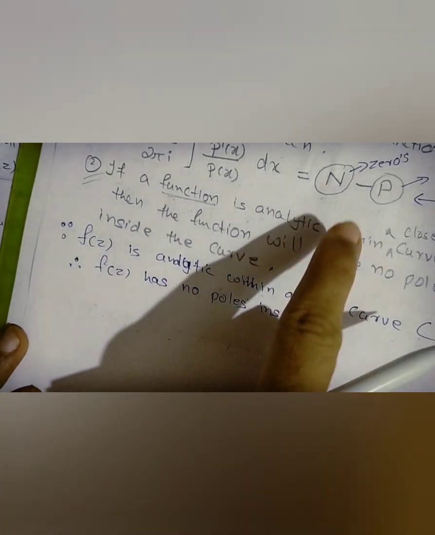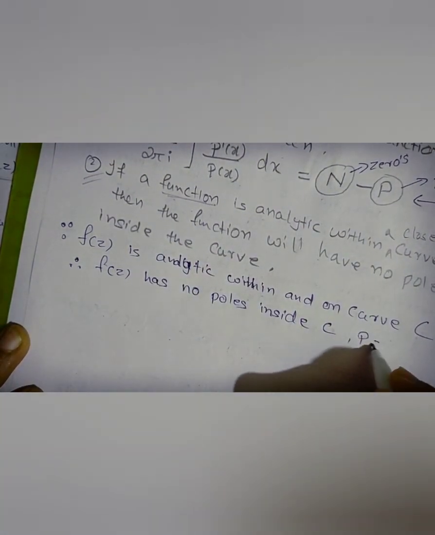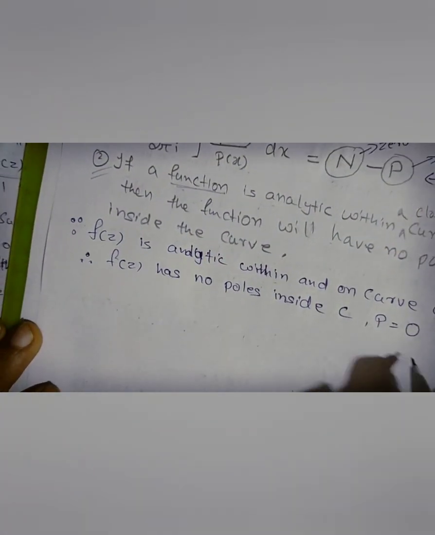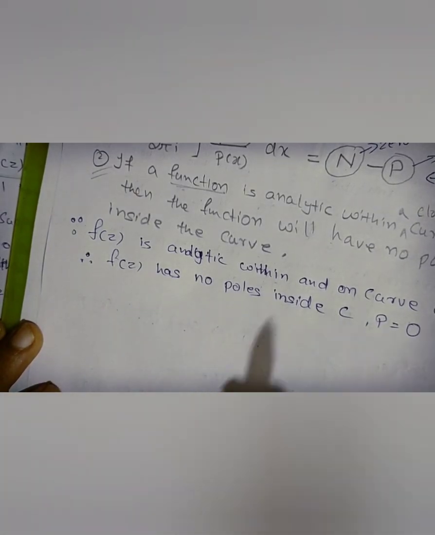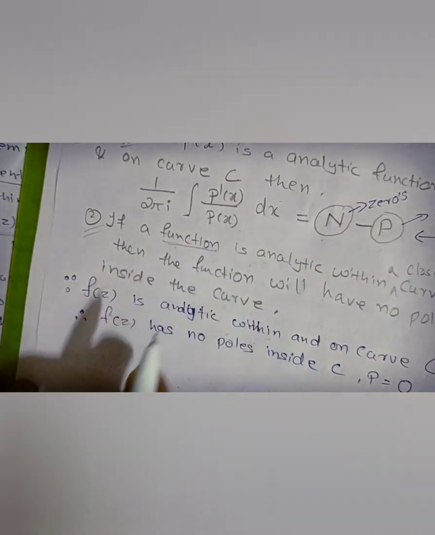So that means in this formula, this p will be 0 for this instance. My p will be 0 basically. So we'll have no poles inside C. So let's try to use this formula for my function f of z.